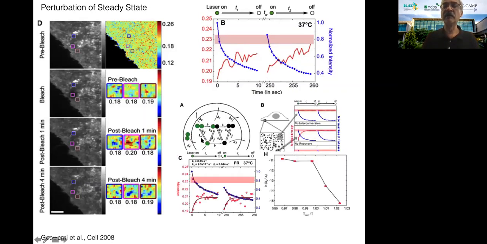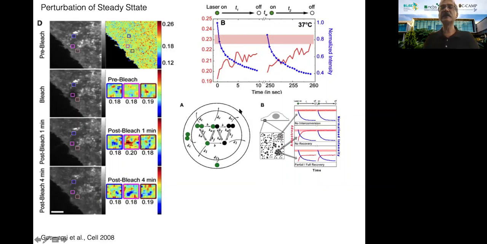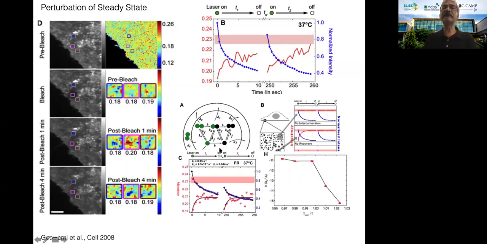So then to understand this, we created a reaction diffusion type model, and then identified that in the membrane of the cell, there were many different types of patterns we could see. And if you just took the patterns where you made clusters reappear upon waiting a period of time, we could then fit this reaction diffusion model and determine the fragmentation and formation rates of these clusters in the membrane.